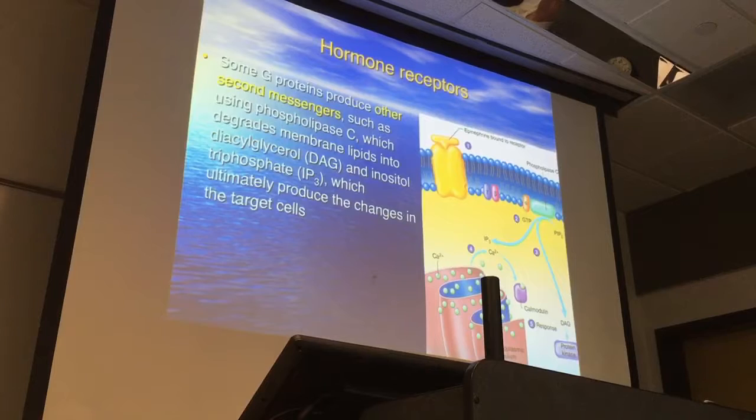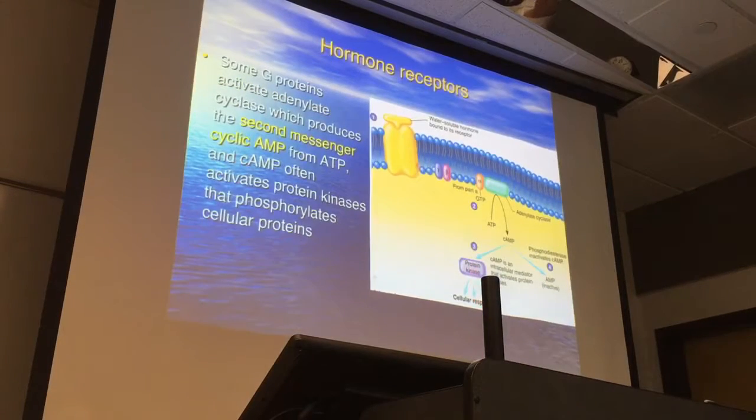Both of those, or either, can be the second messenger in the cell. Sometimes both are the second messenger. Other times, only one is the second messenger. Oftentimes, DAG, diacylglycerol or something like that, I can't remember the exact name, activates a protein kinase, and we already saw what protein kinase does.